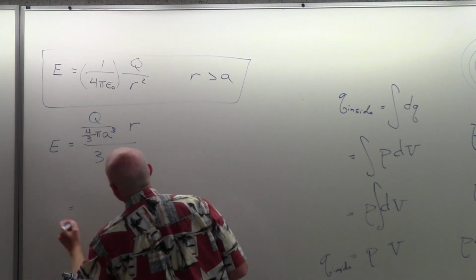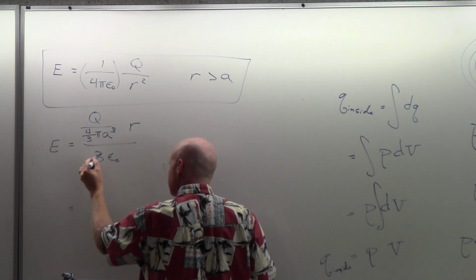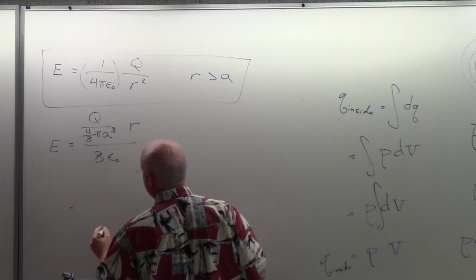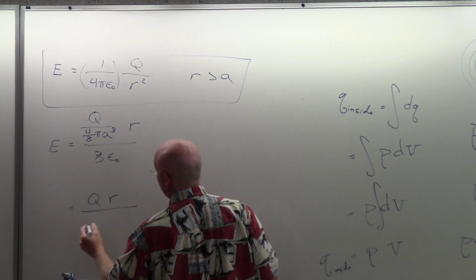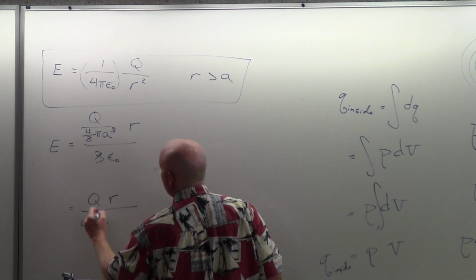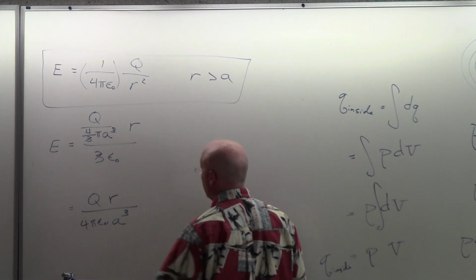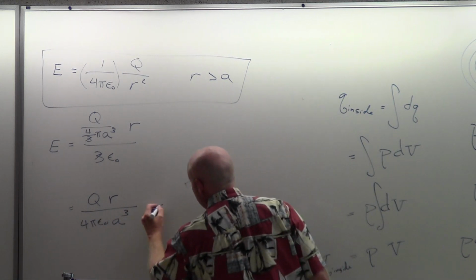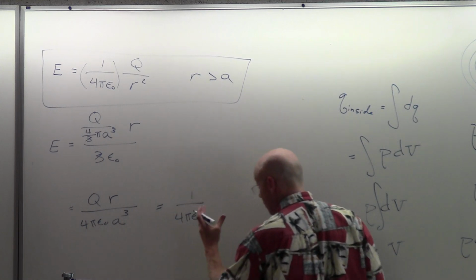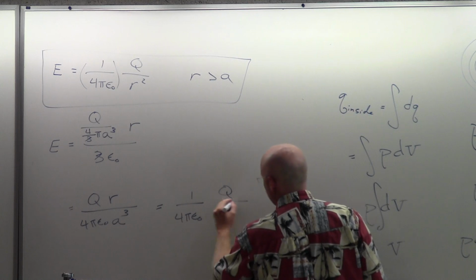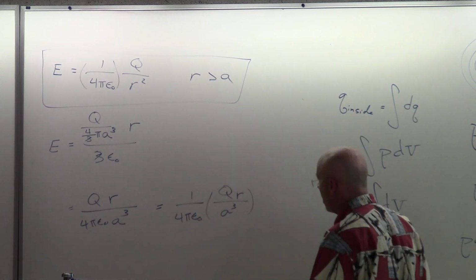All right, so this does reduce a little bit. It looks like this 3 up here will cancel with that 3 down there. And this then becomes total charge Q times R over 4 pi epsilon A cubed. Maybe better written for me anyways as 1 over 4 pi epsilon naught. That's the Coulomb's constant part of it. And then this is the variation I get away from a point charge.